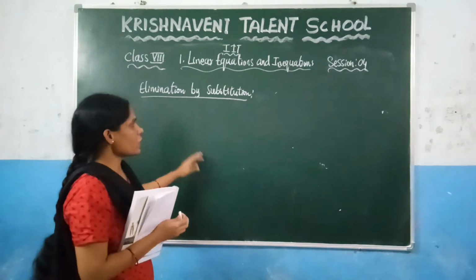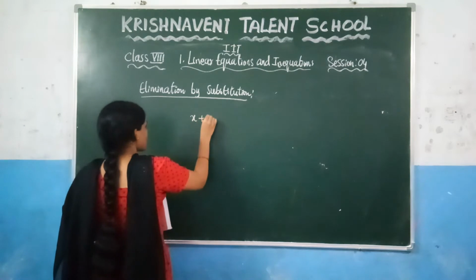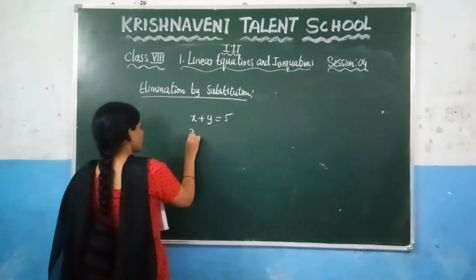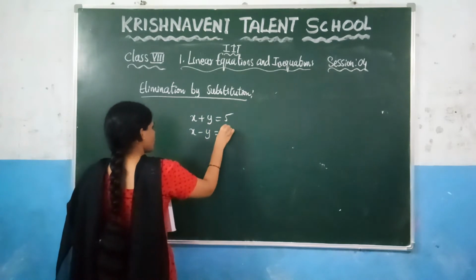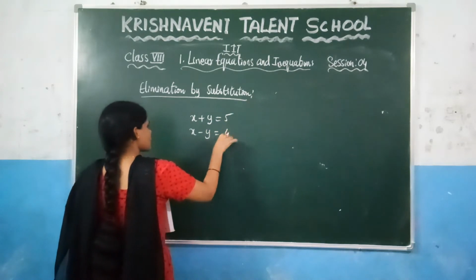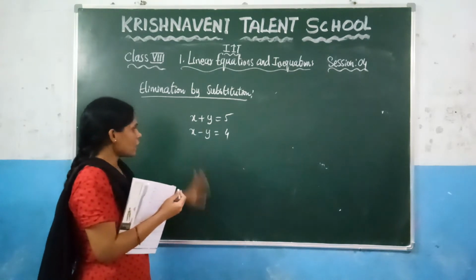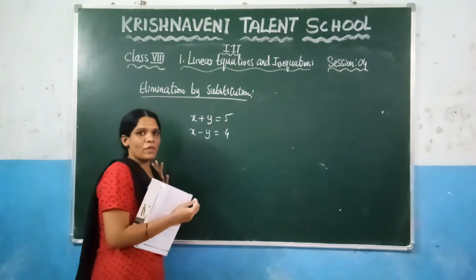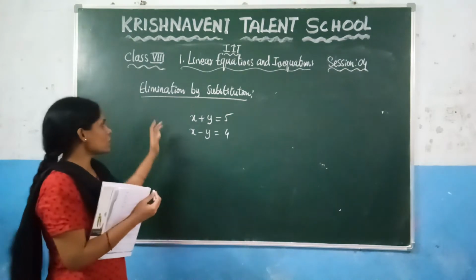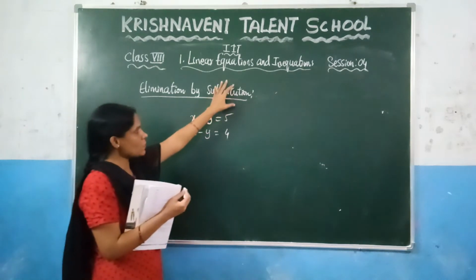Based on the example, you can clearly understand this. Let us take the same example, x plus y is equal to 5 and x minus y is equal to 4. You need to find the values of x and y using elimination by substitution. What is meant by substitution?